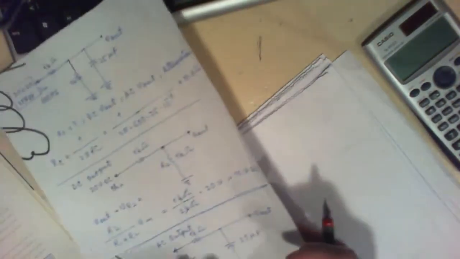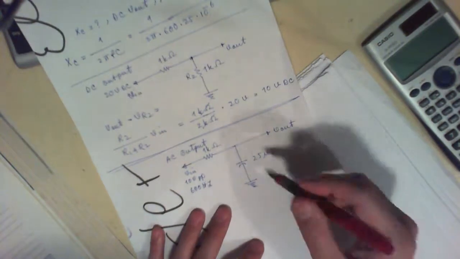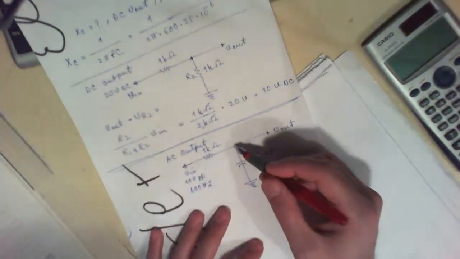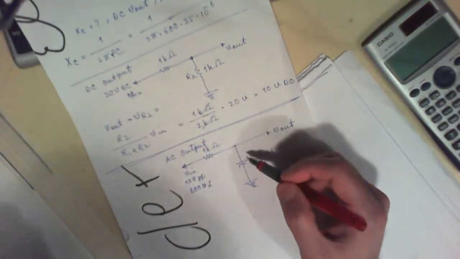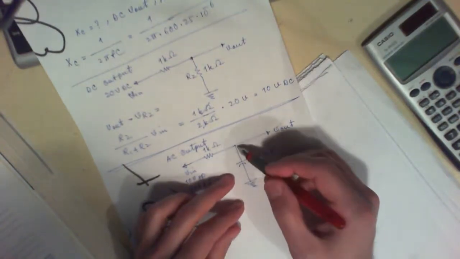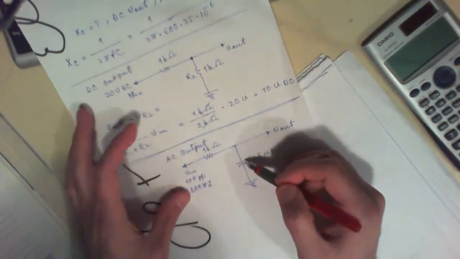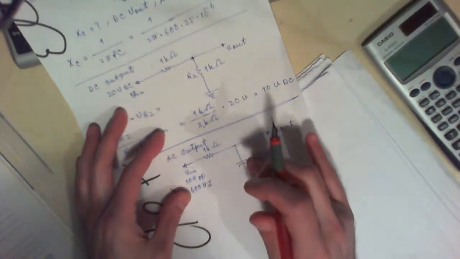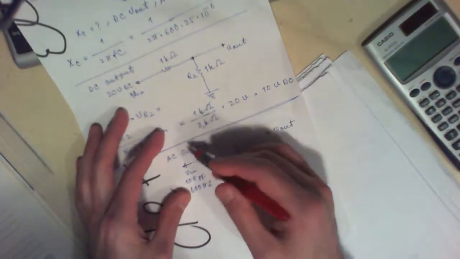So your V of out for this circuit would simply be, what you're doing here is monitoring the voltage across this capacitor, so you have to take the ratio of the reactance of this capacitor by the total resistance in this circuit.